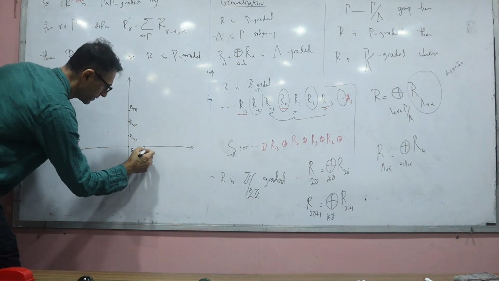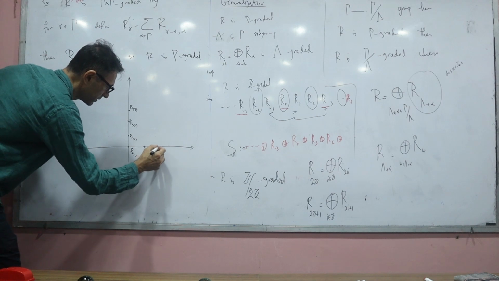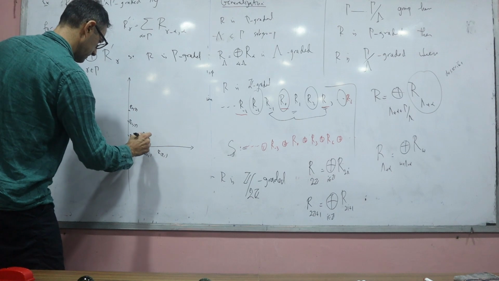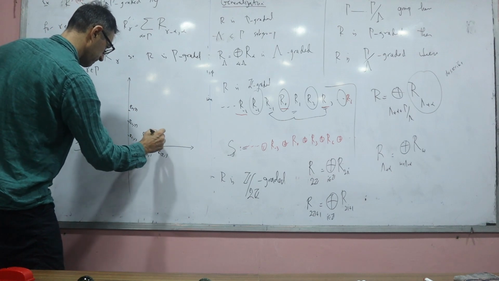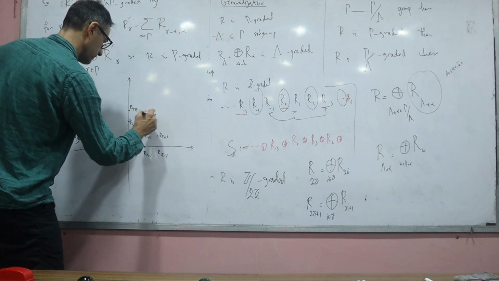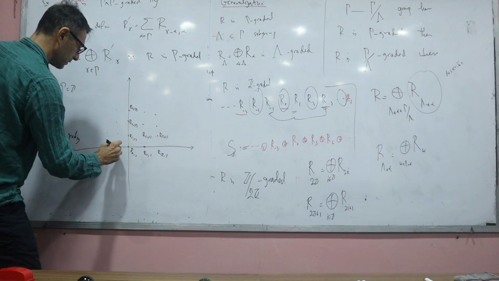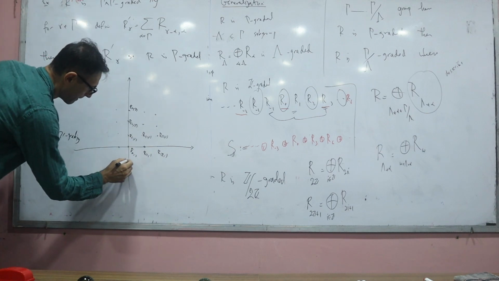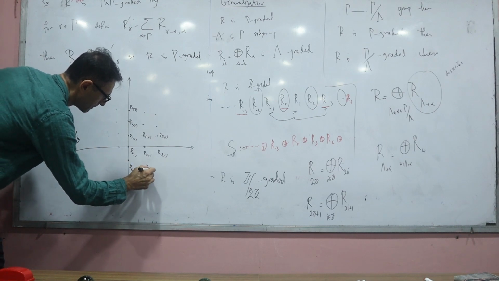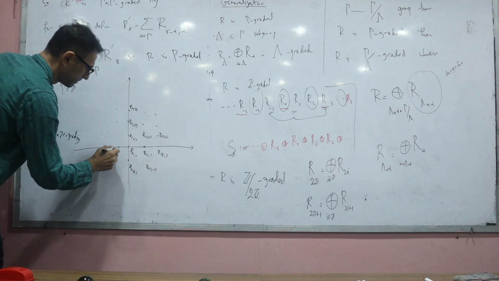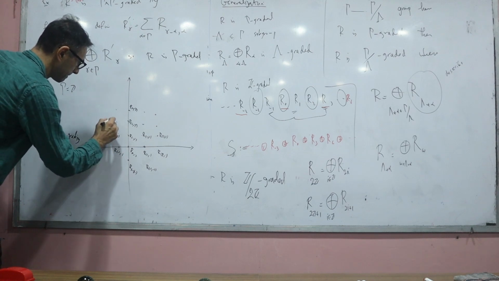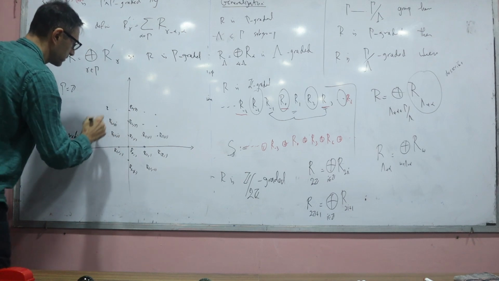Here is R10, R20. So you can write it this way. And so on.